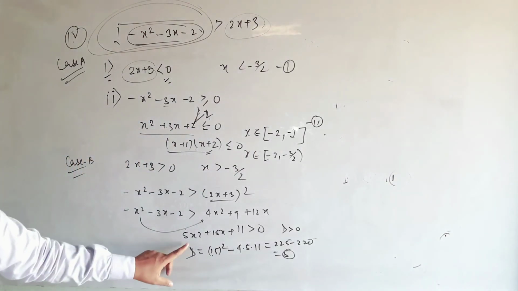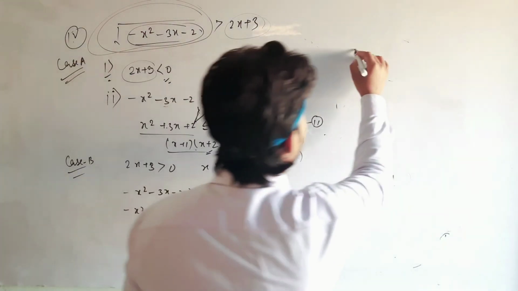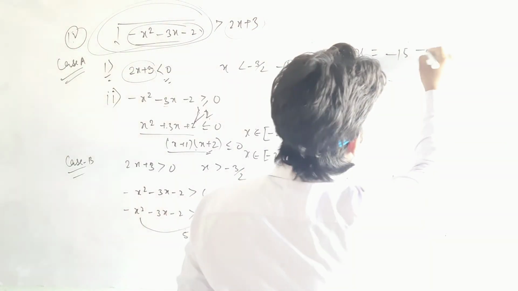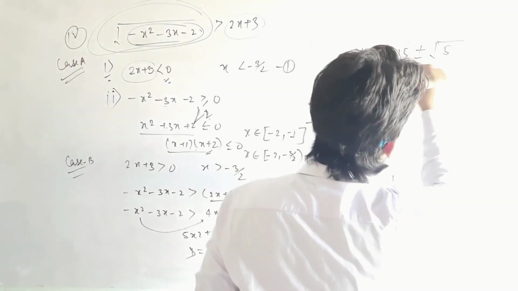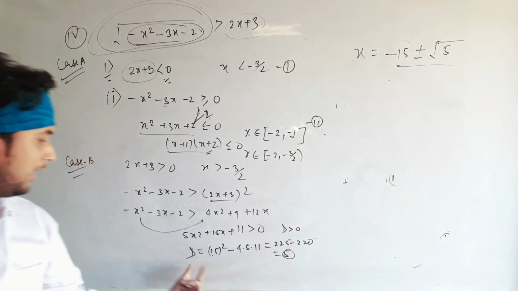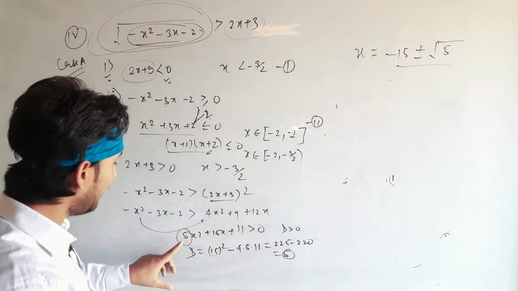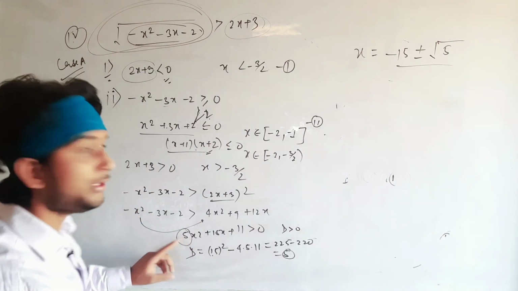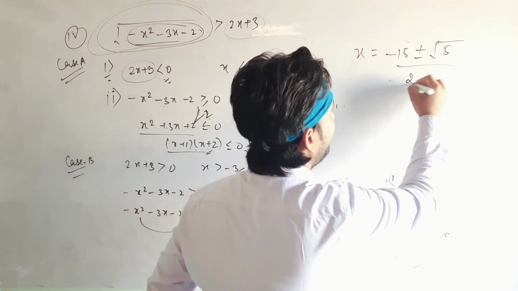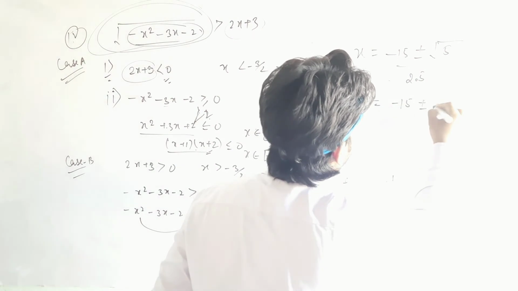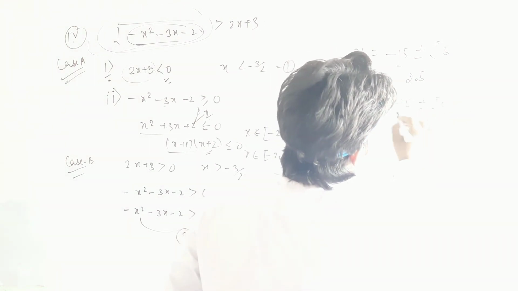It means that x equals minus 15 plus minus under root 5, because the discriminant is 5, over 2a, 2 into 5. It means x equals minus 15 plus minus root 5 by 10.